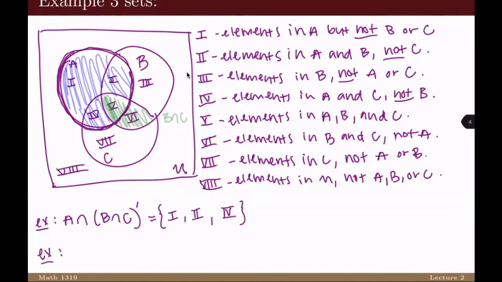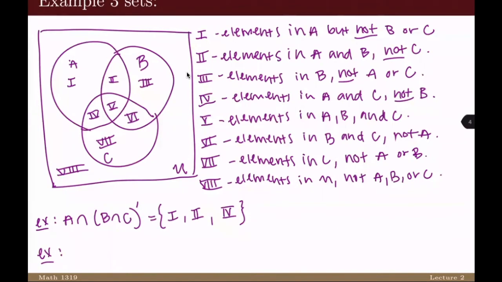Let's do another one. I'm going to erase my current scribbles and then we will do another example. All right, let's do another weird one, kind of like what we just did. Let's do B union A union C complement.